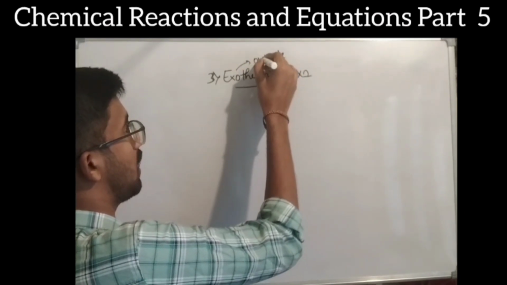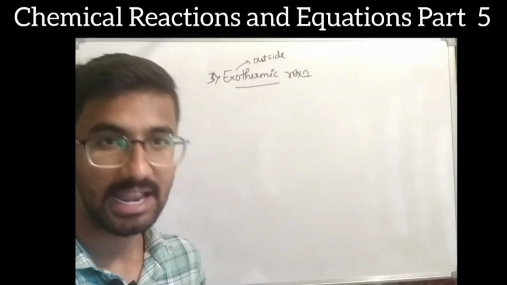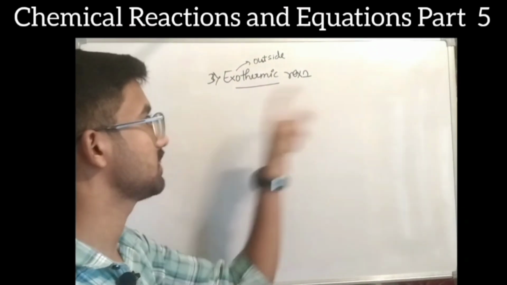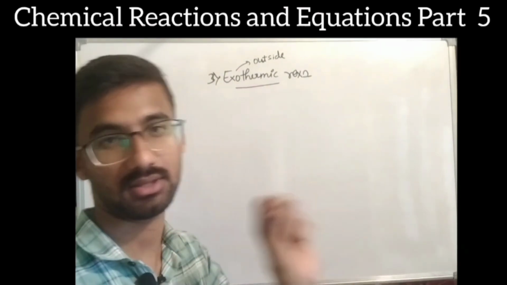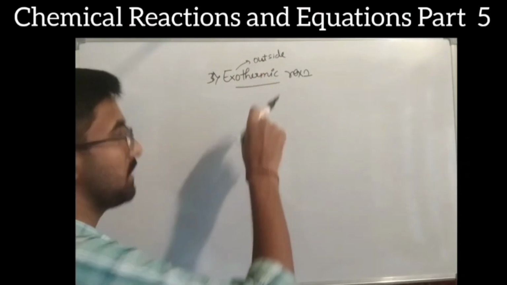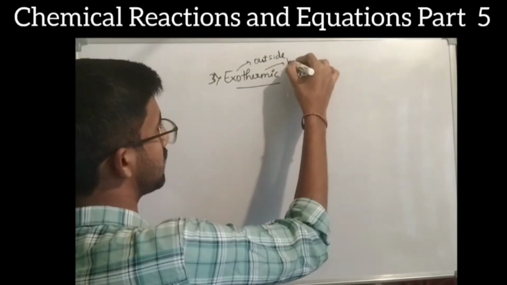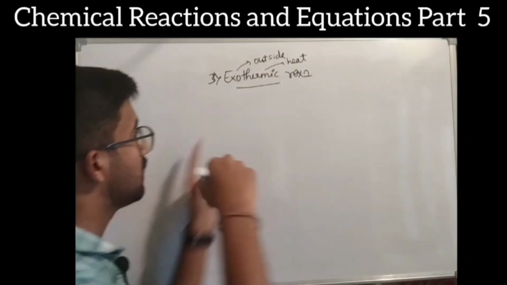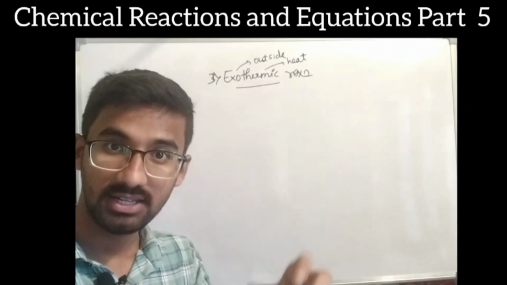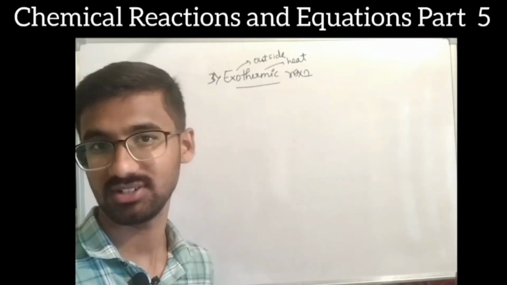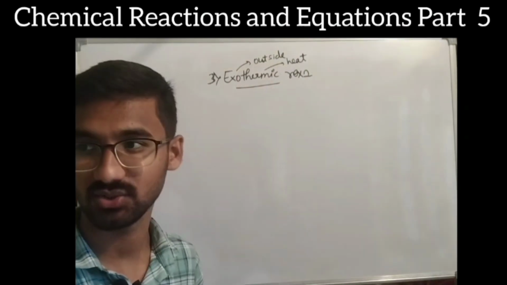Endo means inside. We have the next type, that is endothermic reaction. Therm means heat. It means the heat liberated out from the reaction is called exothermic reaction.